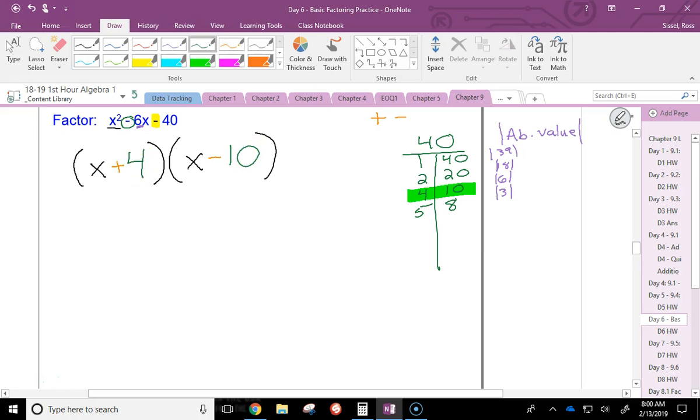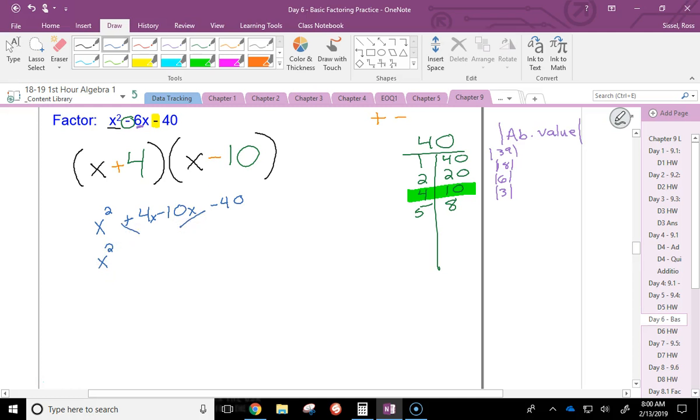If I flip these around, we'll go ahead and solve this one quick. This would have been x squared plus 4x minus 10x minus 40. We would have still had x squared. Combine the two.